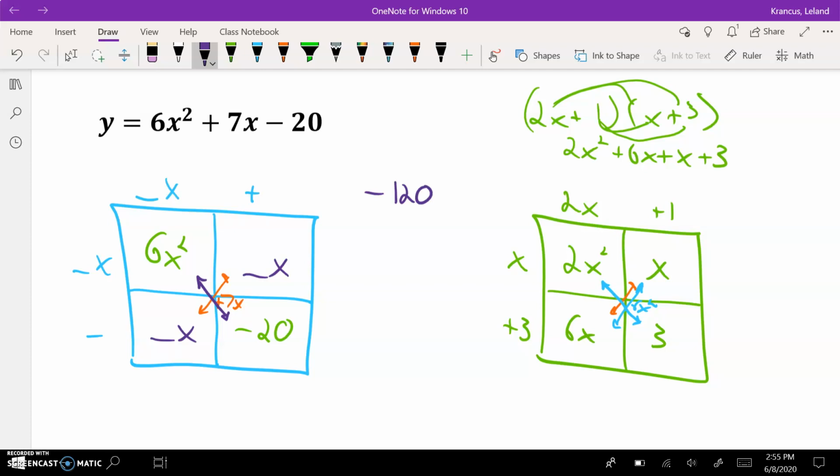So now we're actually back to that same idea we use when we're factoring the simpler quadratic standard form equations, where you're looking for a number that has a product of c and a sum of b in ax squared plus bx plus c. So we know we're looking for a product of negative 120 that adds up to 7. Okay, so what we do is we start listing off the factor pairs of 120. I'm not going to worry about the signs right now.